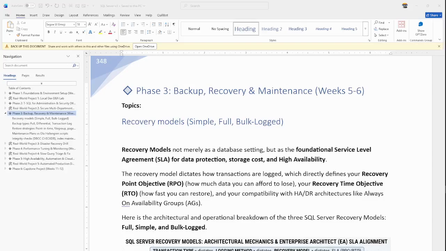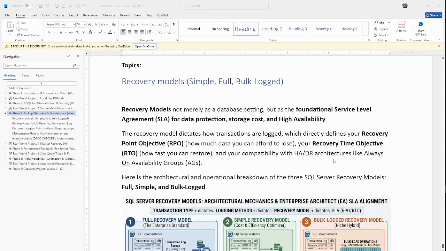So for SQL Server, you will have multiple backup, recovery and maintenance models. First, we will know what is the criticality of your database. We will ask, how much are you going to lose? The business has to tell what is your recovery point objective, your RPO, meaning how much data you can afford to lose.